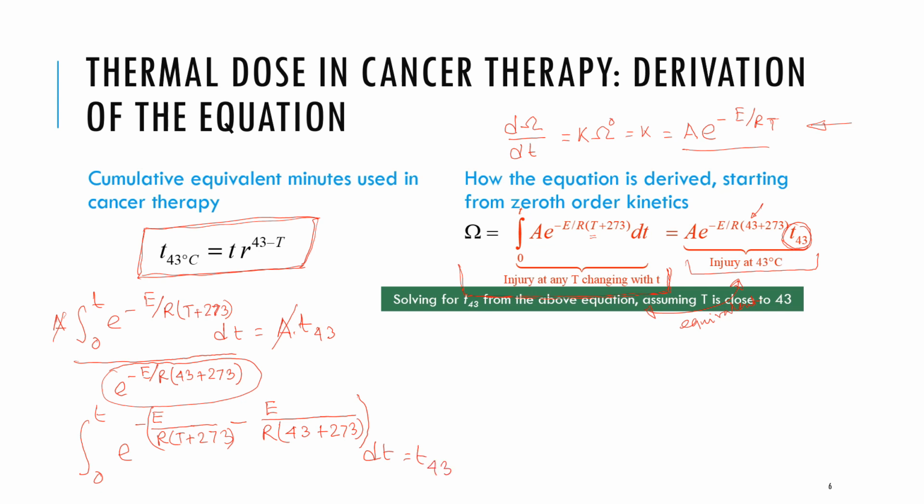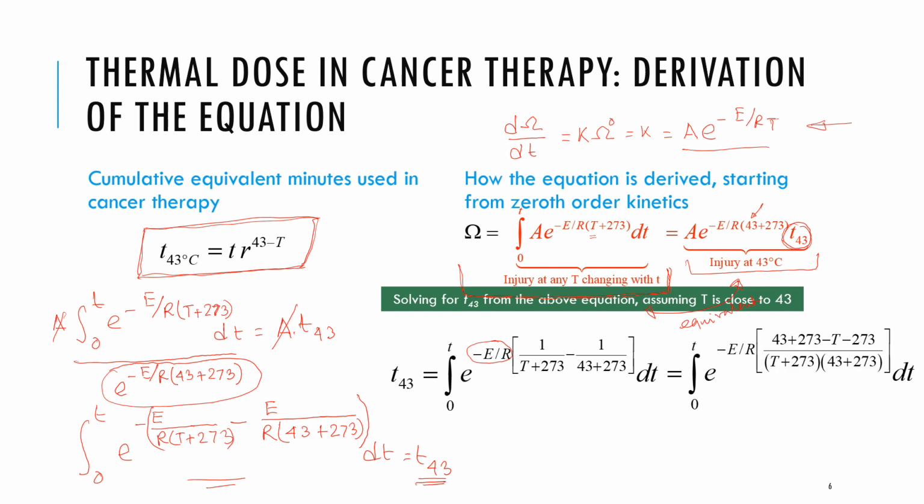Okay, so we're trying to find T43, so we're going to simplify this part. And so now I take minus E over R factored out, and so we can write this, and so that is equal to minus E over R times, I carry out this subtraction.